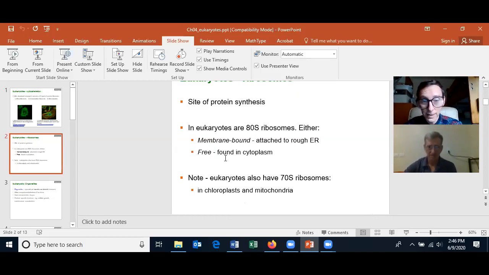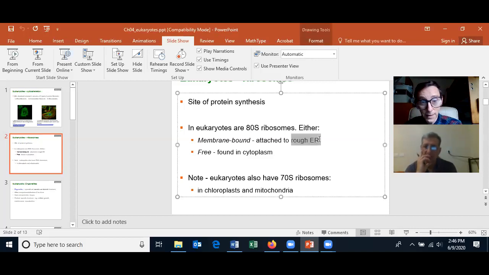They're just in the cytoplasm. But in eukaryotes, they can be membrane bound and they can be attached to the rough endoplasmic reticulum. There can be some also on the nuclear membrane, but it's mostly the rough endoplasmic reticulum that has some ribosomes.